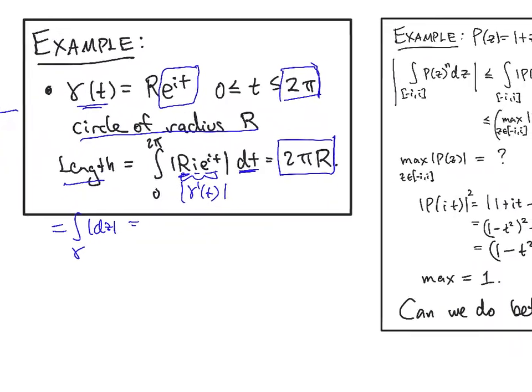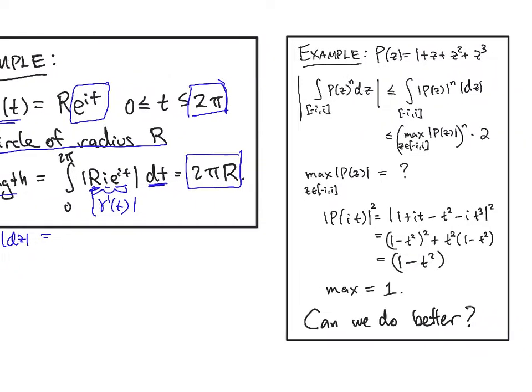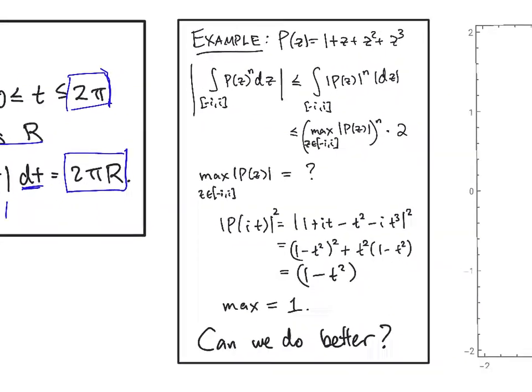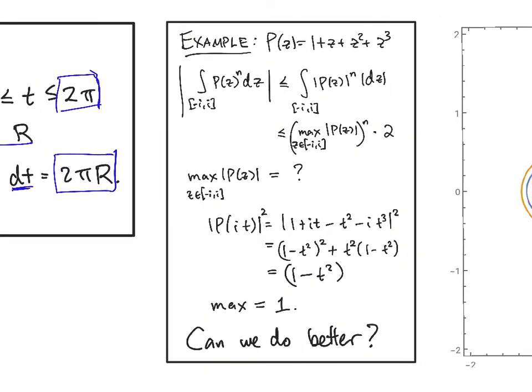Okay, let's look back at the example from the last slide. Here's this polynomial again, 1 plus z squared plus z cubed. And earlier I posed the question, can we estimate the integral of p to the n dz in modulus? And we can, by the earlier estimates.